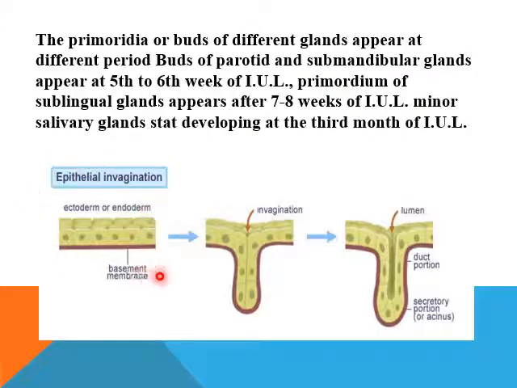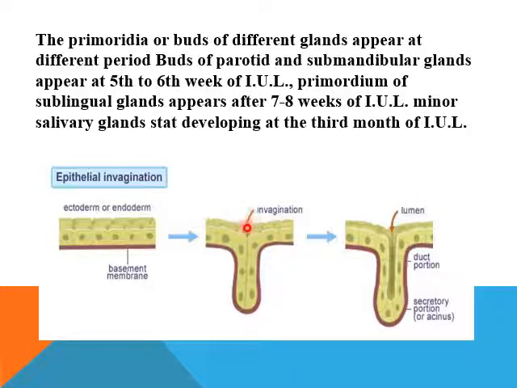This picture shows the development of the salivary gland. This is the epithelium or parenchyma of the salivary gland, which originates from ectoderm or endoderm, and this red line represents the basement membrane or basal lamina that attaches the epithelium to the underlying connective tissue. Then there is the invagination of this parenchyma or the oral epithelium toward the connective tissue, taking the basement membrane with it.